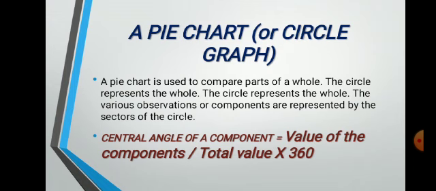Central angle. For a pie chart, we need a central angle because a circle we can measure in degrees. So that's why we need to find the central angle of a component. We find it as the value of the component upon the total value, into 360 degrees.